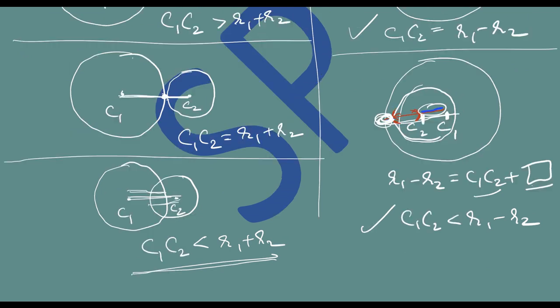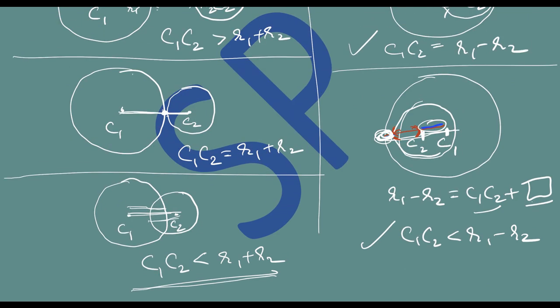So we realize that if I simply say C1C2 is less than R1 plus R2, it is not enough to say that it comes under the intersecting case. I want you to reason yourself that C1C2 must be greater than R1 minus R2 also for the circles to intersect.